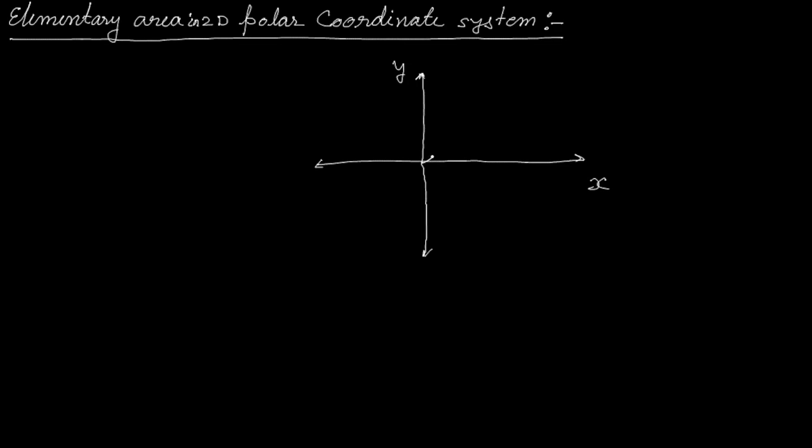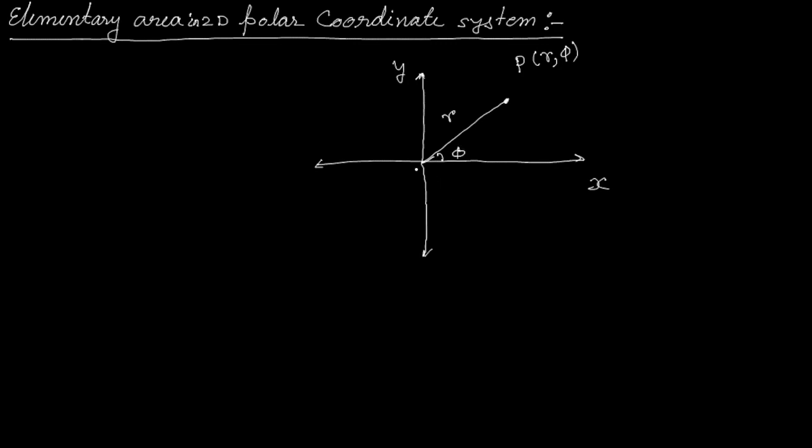For that, let me define a point in terms of polar coordinates. Let's say this point has coordinates r and phi, that means this distance is r and this angle is phi.